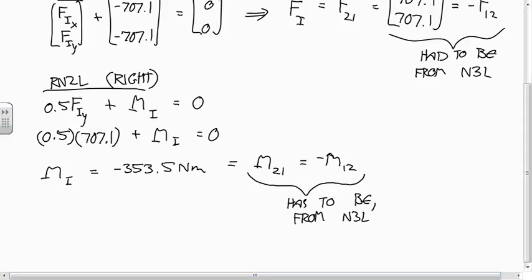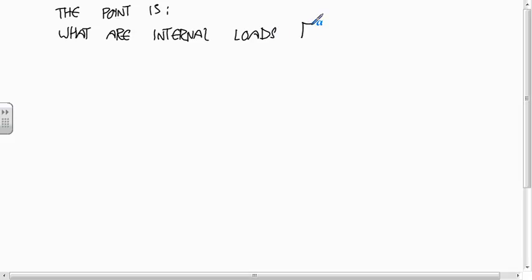And so why did I do all this? The point is, what are the internal loads Fi and Mi?